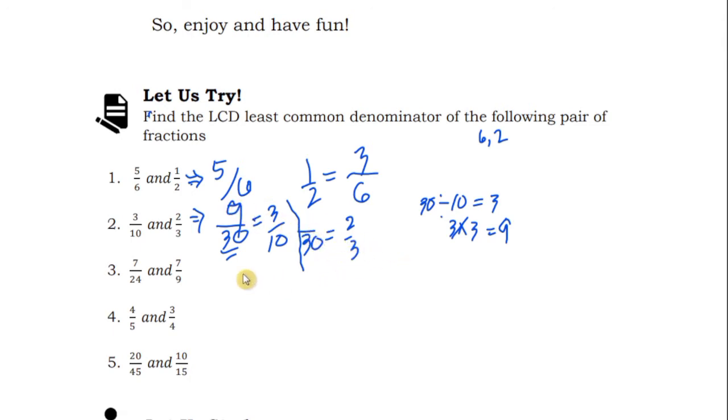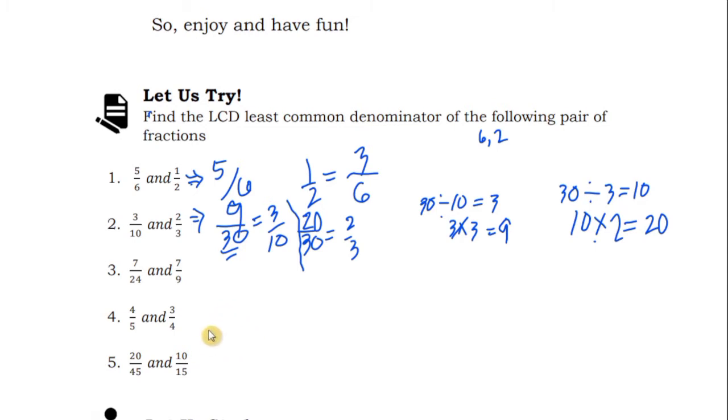Then in the other part, which is 2/3, again we have 30 divided by 3, that is 10. 10 times the old numerator, which is 2, is 20. So 2/3 is equivalent to 20 over 30.